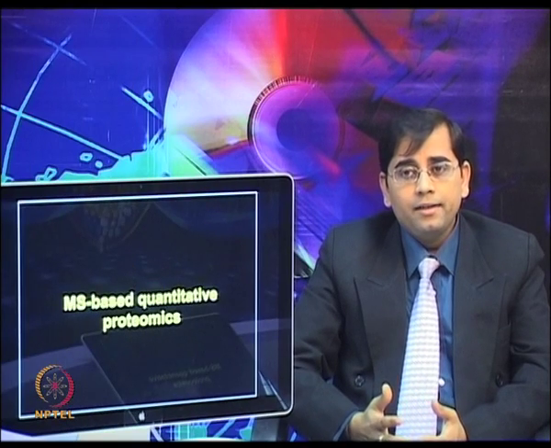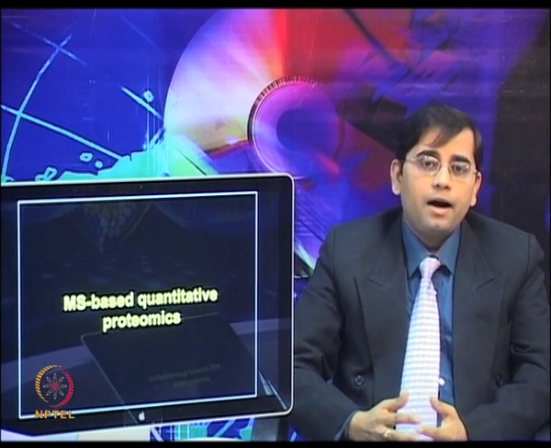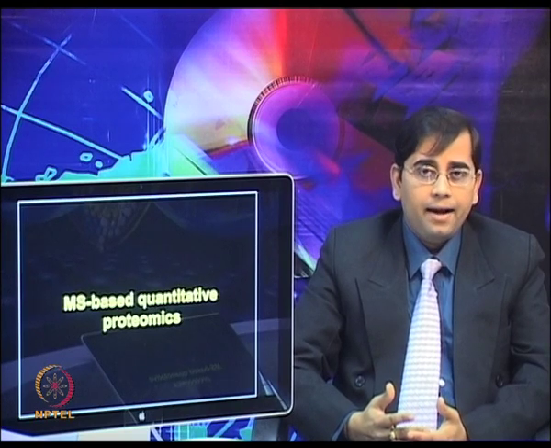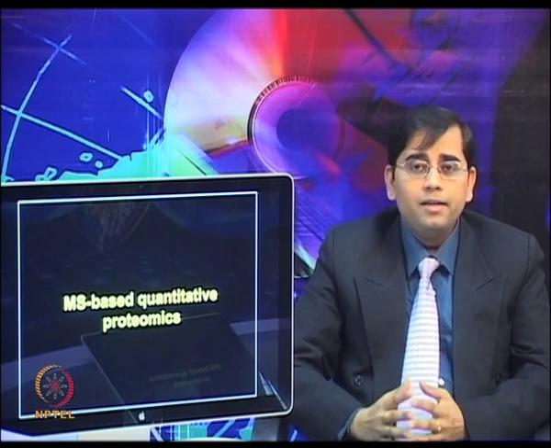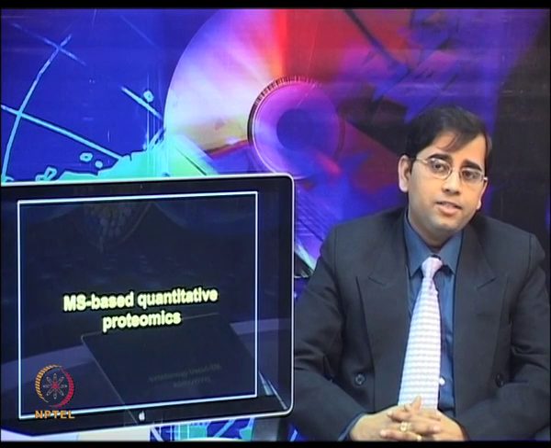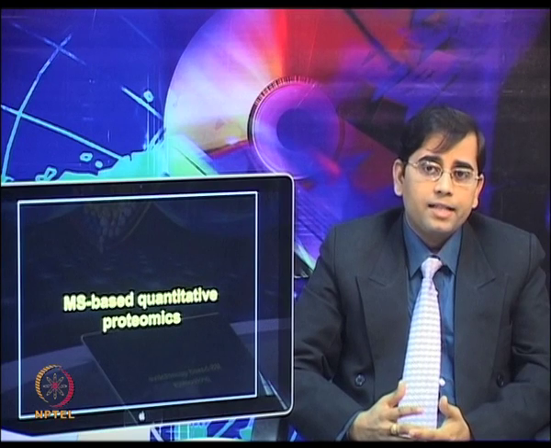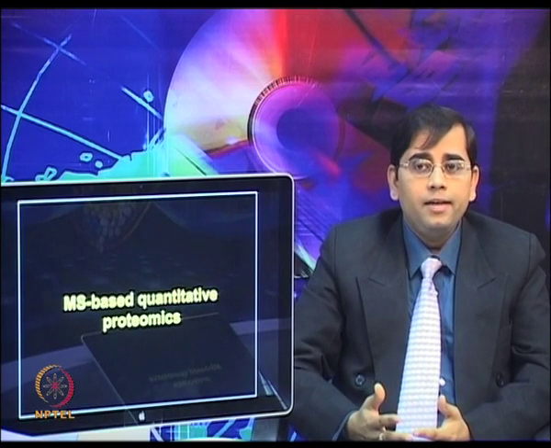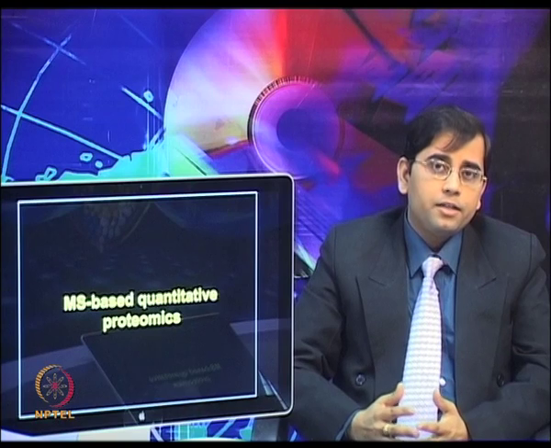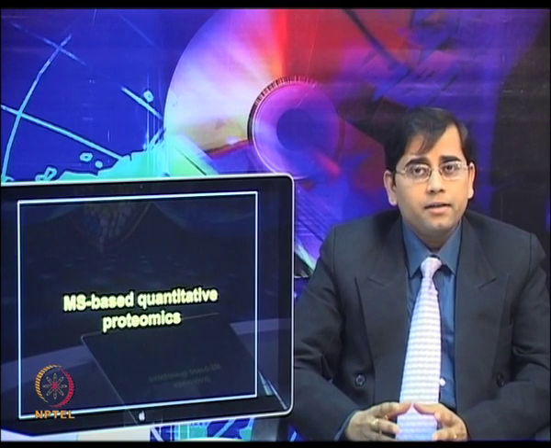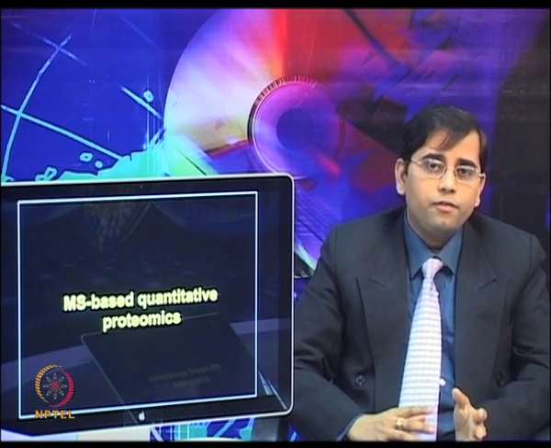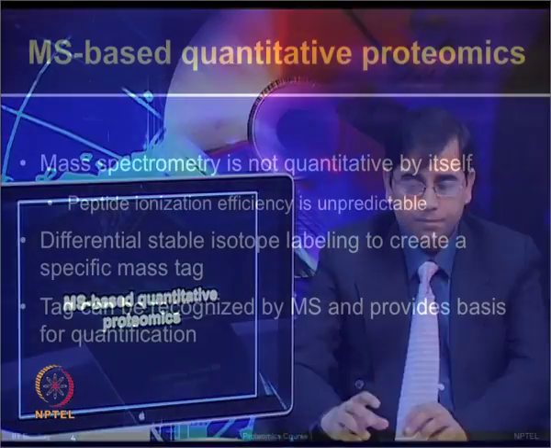The isotopically labeled peptides are chemically identical and they generate similar specific signal intensities in the mass spectrometer. The relative levels of isotopically labeled peptides are determined by comparing the signal intensities of paired peptides.